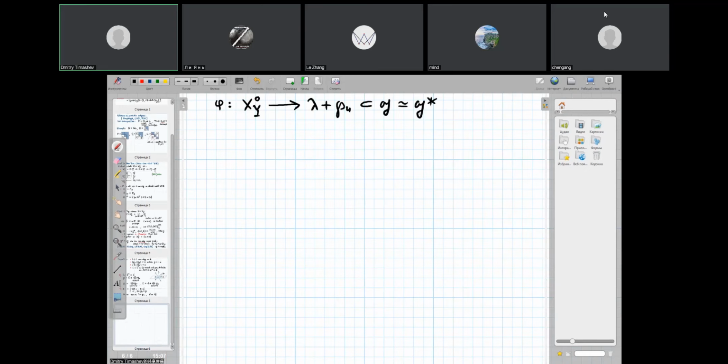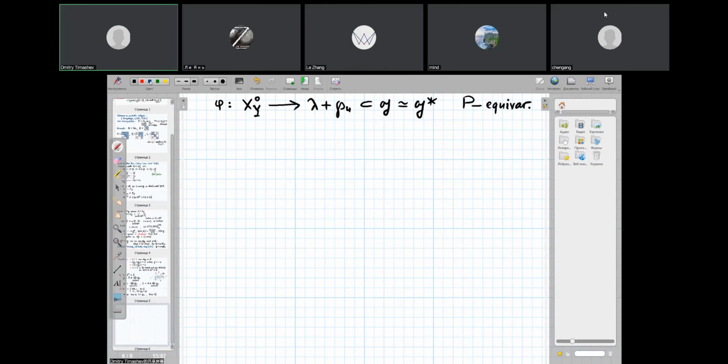Lambda plus PU, the sum of lambda and PU, is seen as a translation of a subspace. Lambda here is a fixed vector. Exactly, it is not a vector subspace in here. It is an affine subspace. It is a translation of this vector subspace, right? And this map is P equivariant. Recall that this map is P equivariant. Okay.